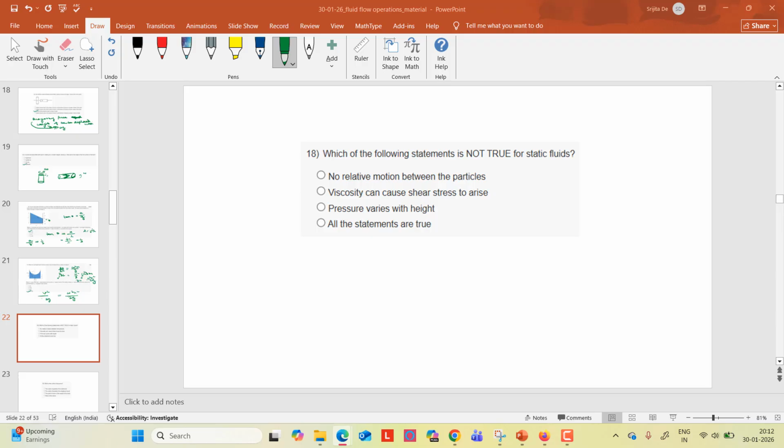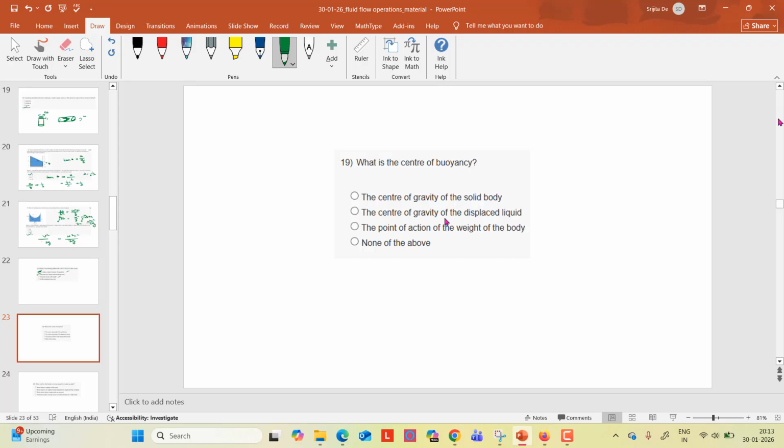As the fluid is static, no relative motion between the particles is really a true sentence. Viscosity causes shear stress to arise. If viscosity causes shear stress, that means it will help to move also. So that is not true for static fluid. Pressure varies with height. This is also true. So the correct option is B.